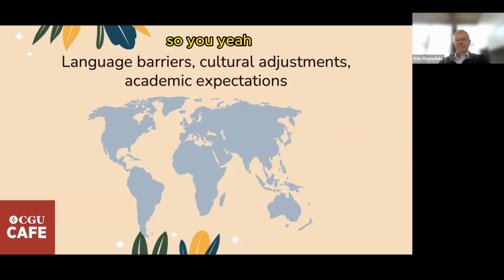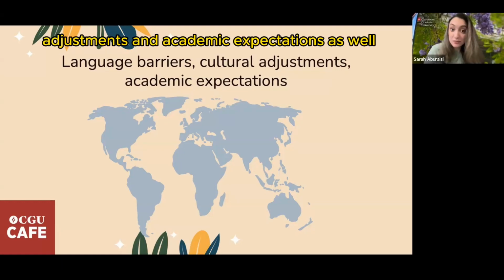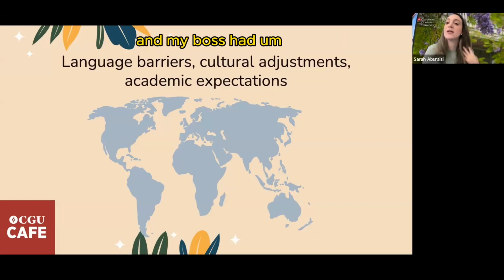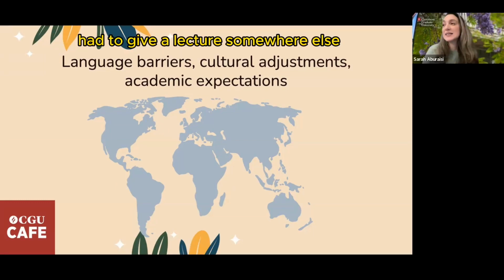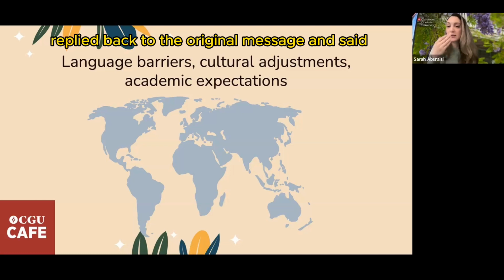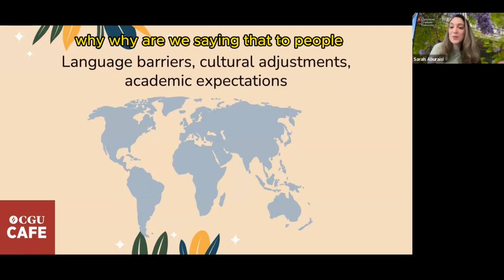So yes, cultural adjustments and academic expectations as well. I would like to share a funny anecdote. We were working the other day, and my boss had to give a lecture somewhere else. One of my colleagues replied to the original message and said, "Break a leg." Why are we saying that to people?